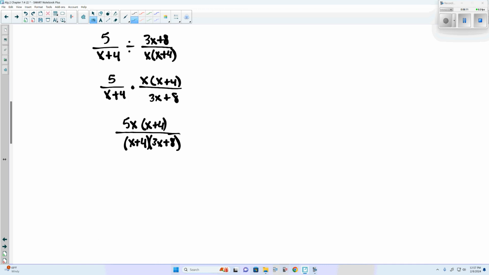Is there anything in common on top and bottom? x plus 4. Since we are multiplying these, we can cancel those out, leaving us with 5x over 3x plus 8. Now, since we can't factor the denominator at all, 3x and 8 do not have any like terms, so we can't simplify that out. 5x on top and 3x on bottom won't simplify because of our plus 8.